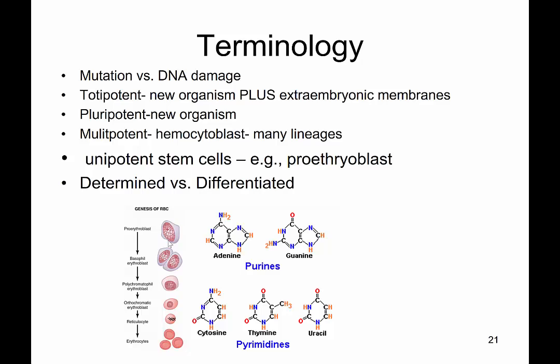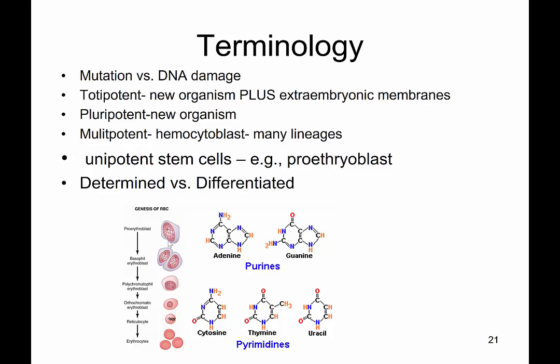A pluripotent cell can replicate and divide, give rise to a new organism. Not every stem cell is as powerful as the next. A unipotent stem cell can only replicate and divide and give rise to one kind of cell, not a brand new organism. And this tells us that there are different stages of progression for a cell's life.